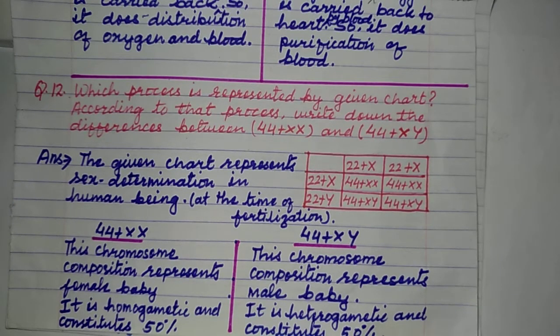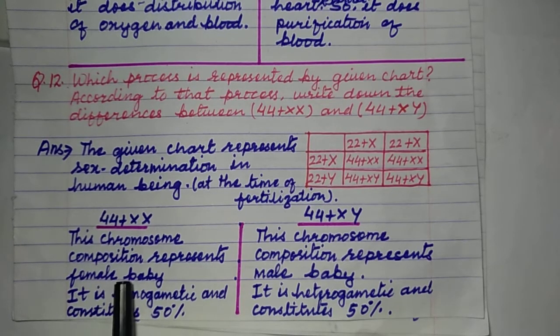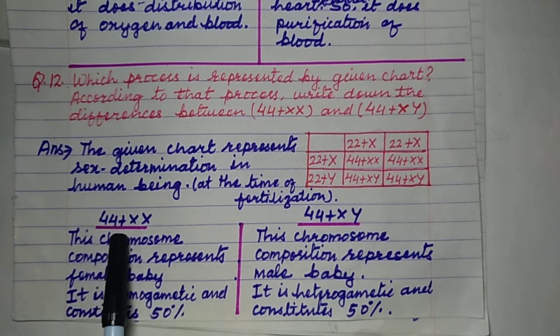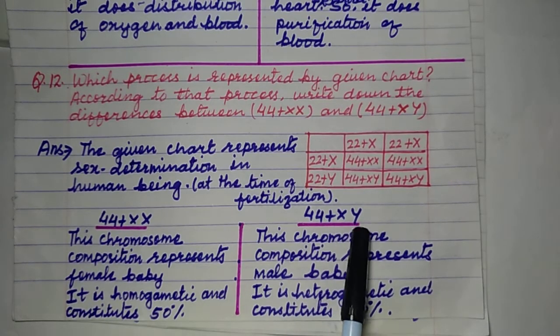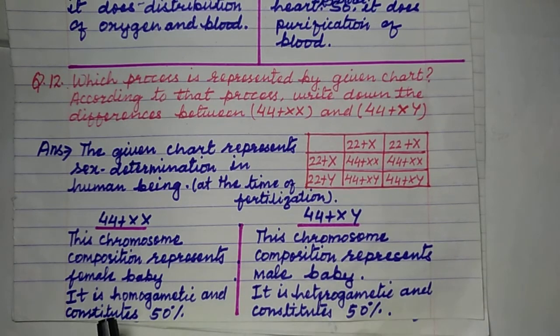Now we have to write down the differences between 44 plus XX and 44 plus XY. 44 plus XX, this chromosome composition represents female baby. 44 plus XY, this is the chromosome composition of male baby.